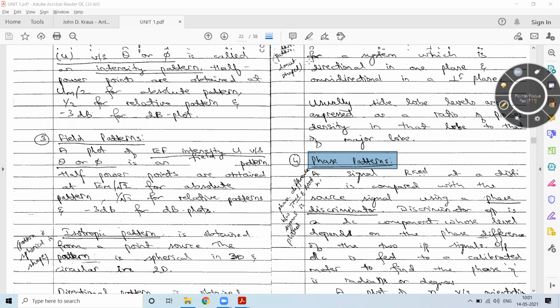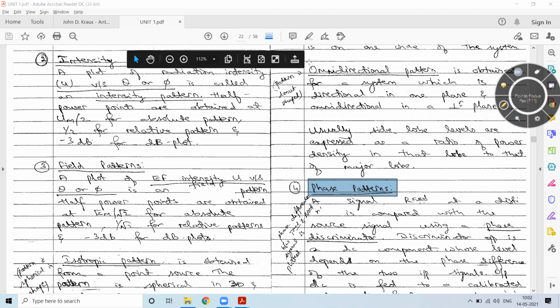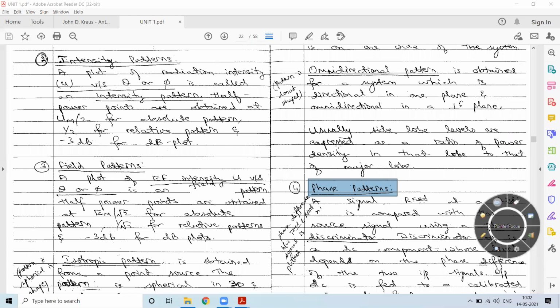Now, what is meant by omnidirectional? These kinds of patterns are obtained from antennas which are directional in one of the planes and omnidirectional in the other plane. Say, for example, in the theta plane they might be directional, that is, they might be radiating more in one of the directions, but in the other plane it might appear as though it is omnidirectional.